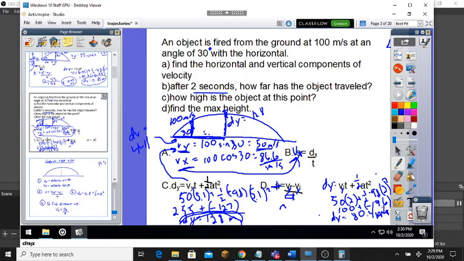I should just say meters, not meters per second, because this is a height. So how high up did it go here? We know it went 80 meters high.